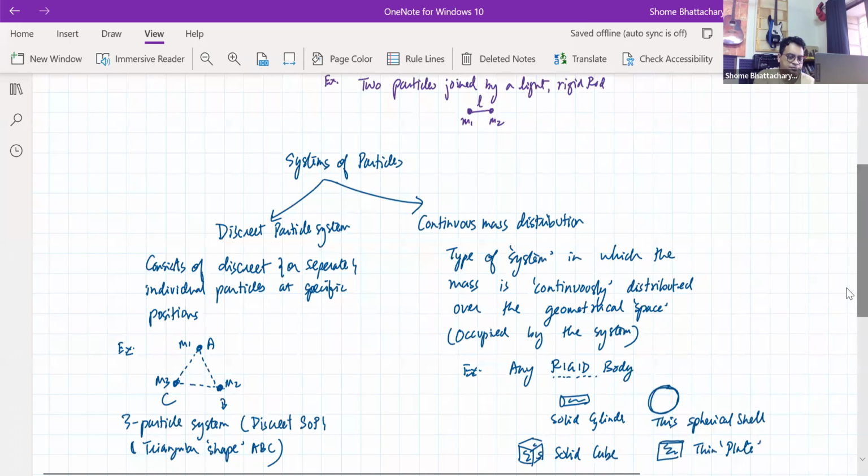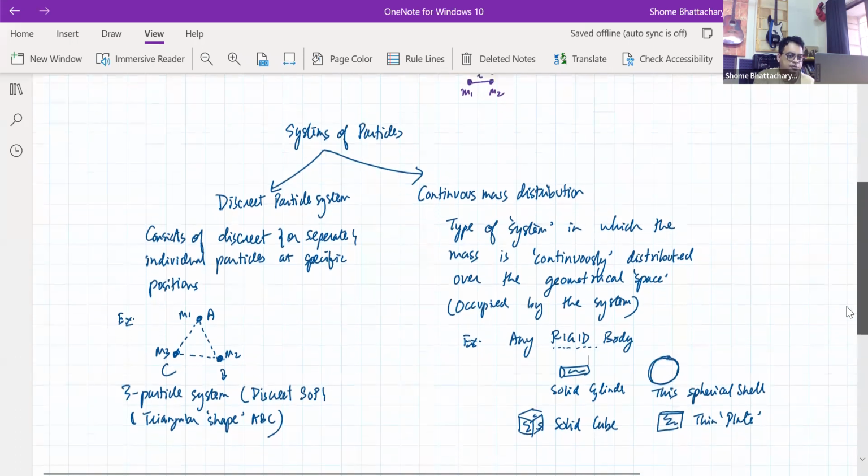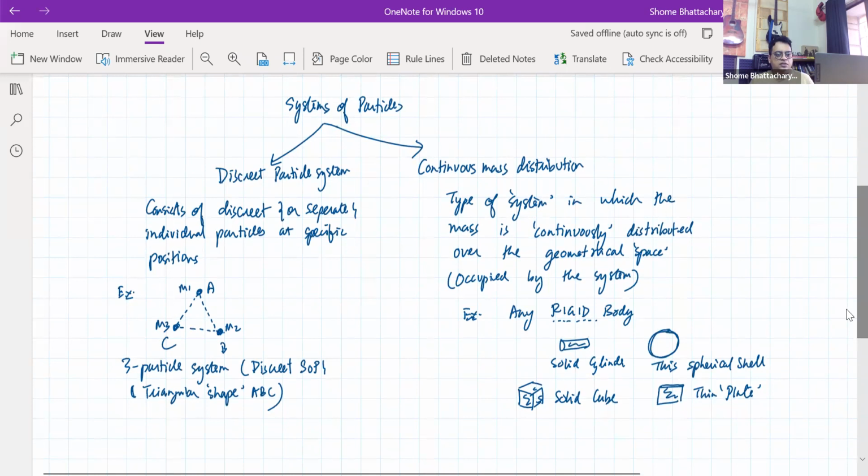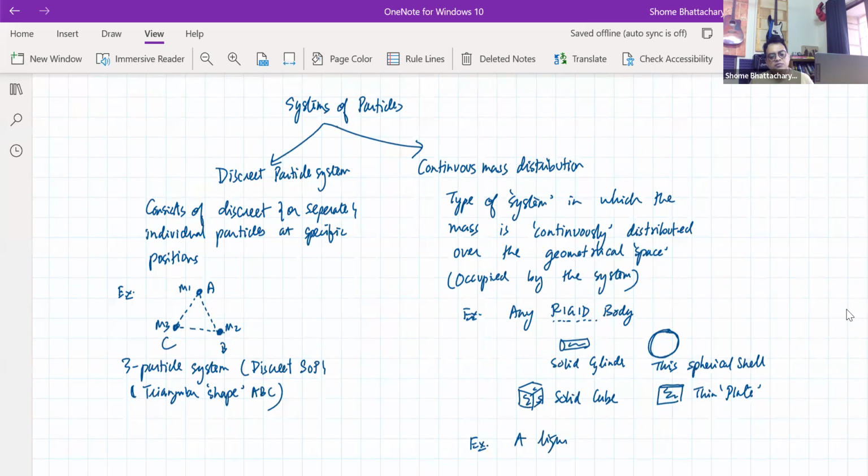Now, when we are talking about continuous mass distributions, a rigid body is an example, but it need not be a rigid body to qualify as a continuous mass distribution. We could have a non-rigid mass distribution also. For example, we could have a liquid filled in a certain container.